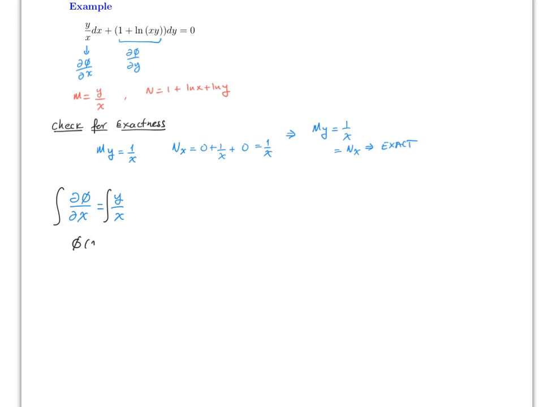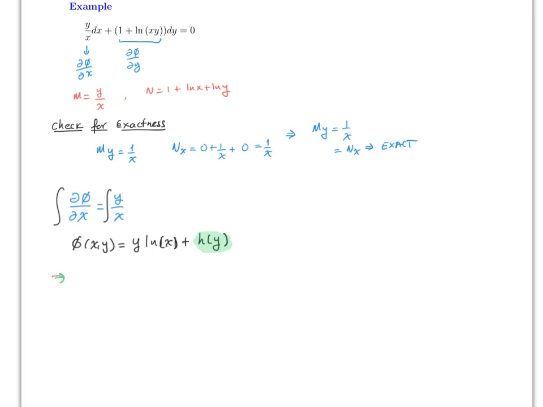On the left side, we will have phi of x y, but on the right side, we will have y ln x plus some constant that depends on y. Remember that the only thing we need to figure out now is technically what is this value for h of y. And we know that if we take the derivative of this with respect to y, it should give you exactly this. So let's do that.